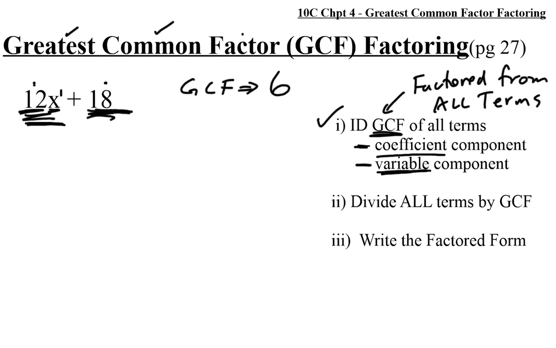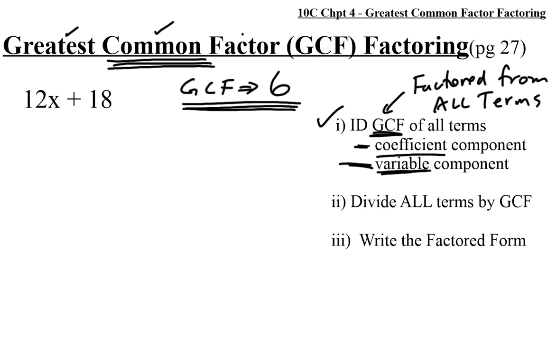We don't have any. So in this case, there are no variables common to both terms. So our GCF would just be 6. The variable component doesn't exist in this question because we only have one variable in one term. So our GCF is 6.